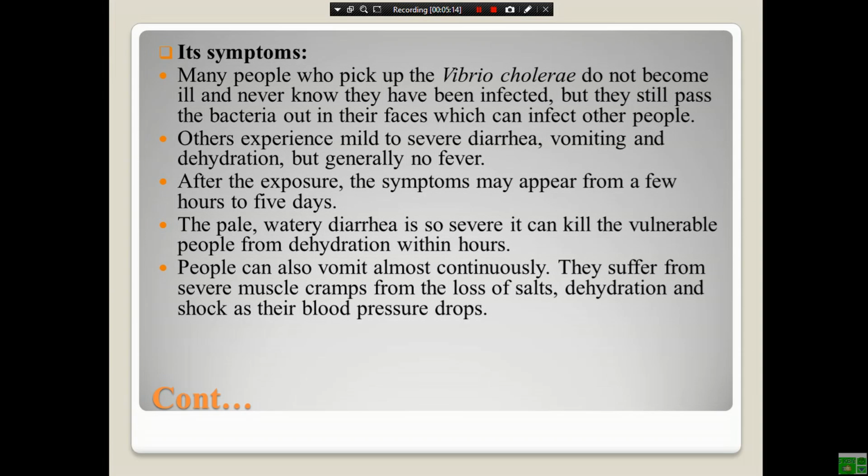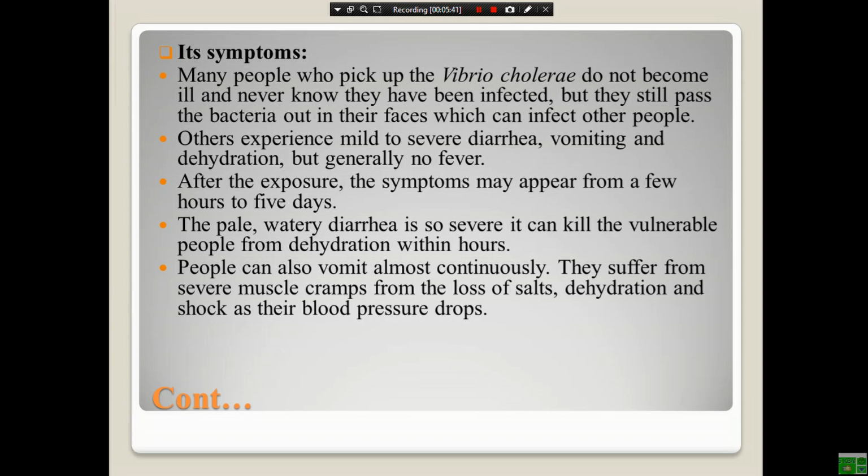The symptoms of cholera: many people who pick up Vibrio cholerae do not become ill and never know they have been infected, but they still pass the bacteria out in their feces, which can infect other people. Others experience mild to severe diarrhea, vomiting, and dehydration, but generally without fever.